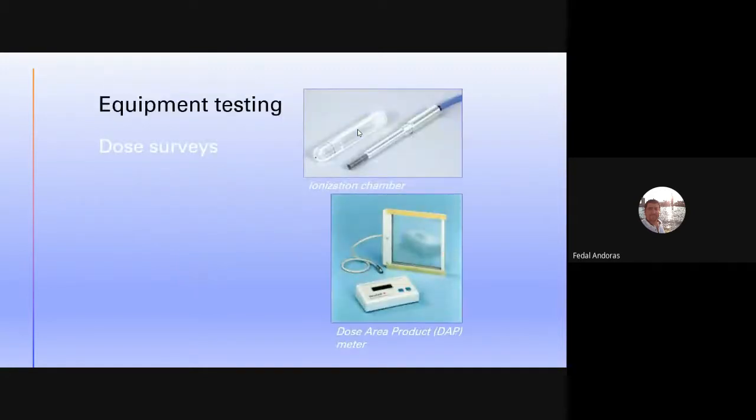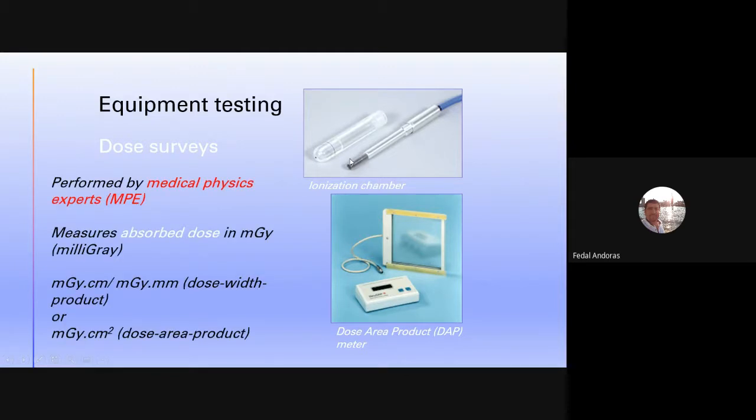So we have some devices for testing the absorbed dose, ionizing chamber, and dose area product meter. These are performed by a medical physics expert, MPE, special people. One of my co-supervisors at the University of Manchester was a medical physics expert.